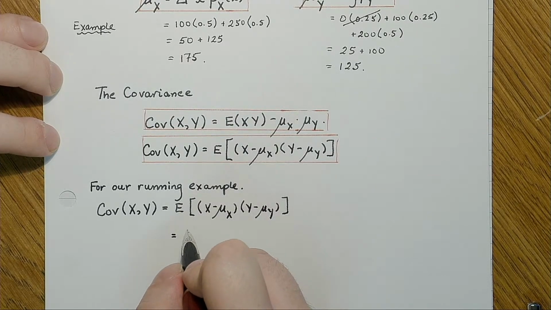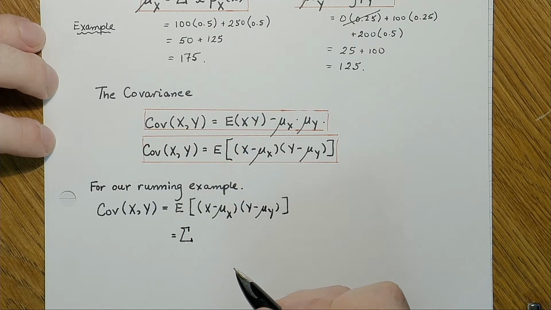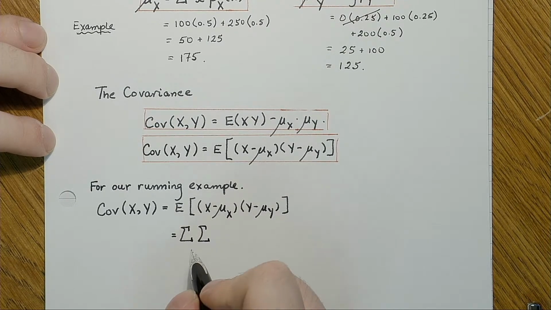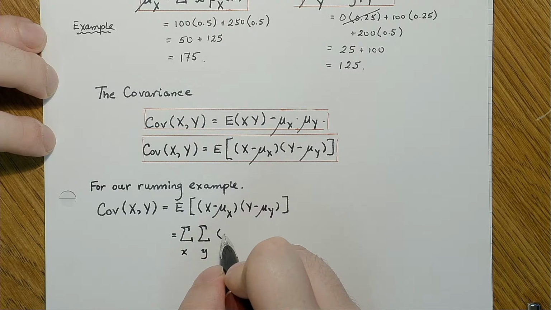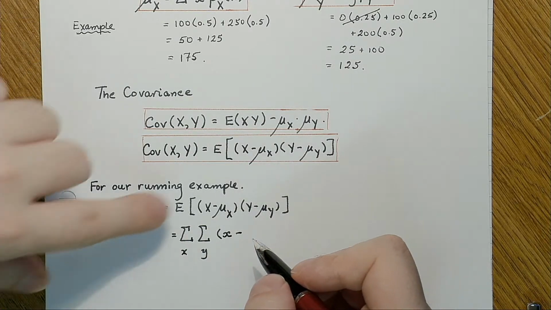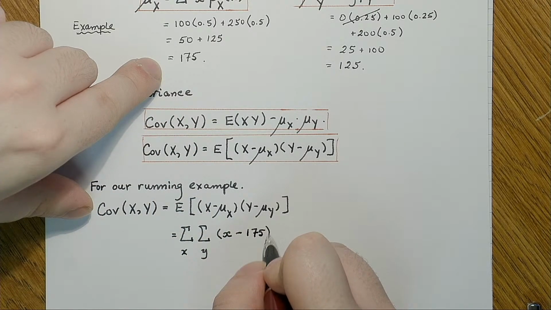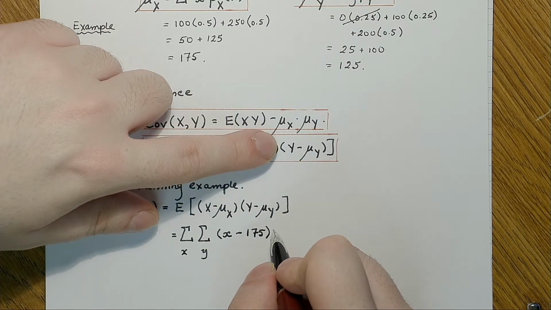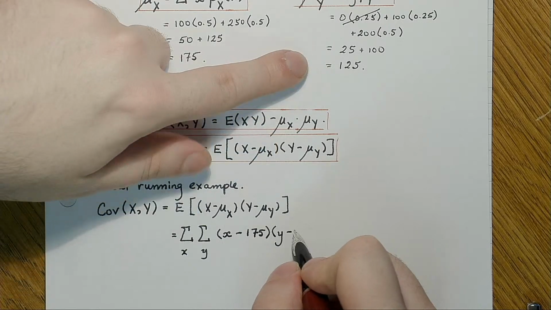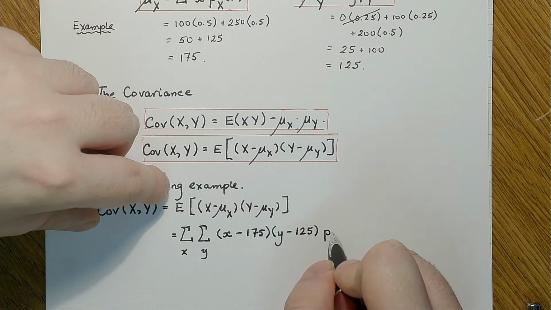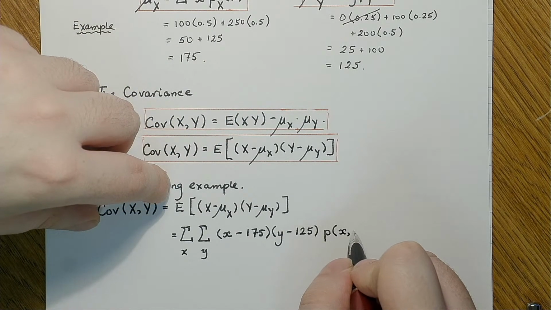What this says is that we can have the summation over, we could do either x or y, so let's do x and y. In this case, it'll be x minus, and our mu of x was 175. And for our y, it was y minus 125. And we need to multiply it by the probability of it happening, which is p of x, y.